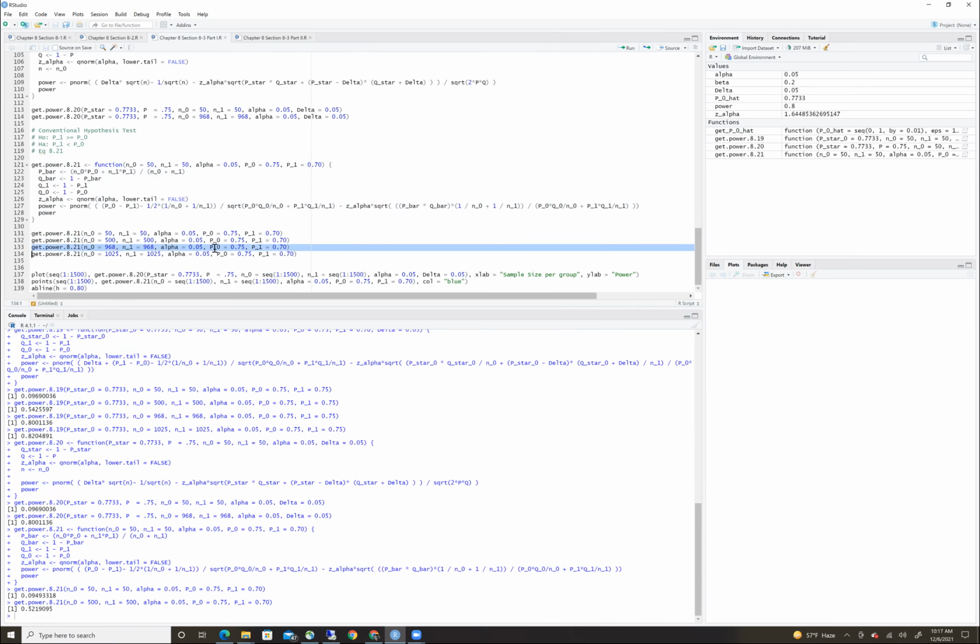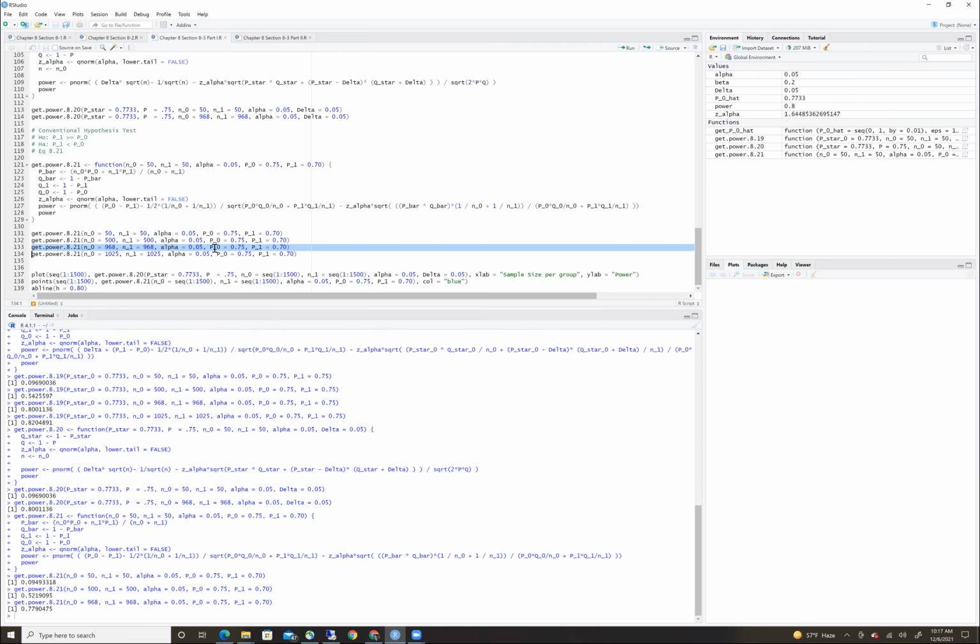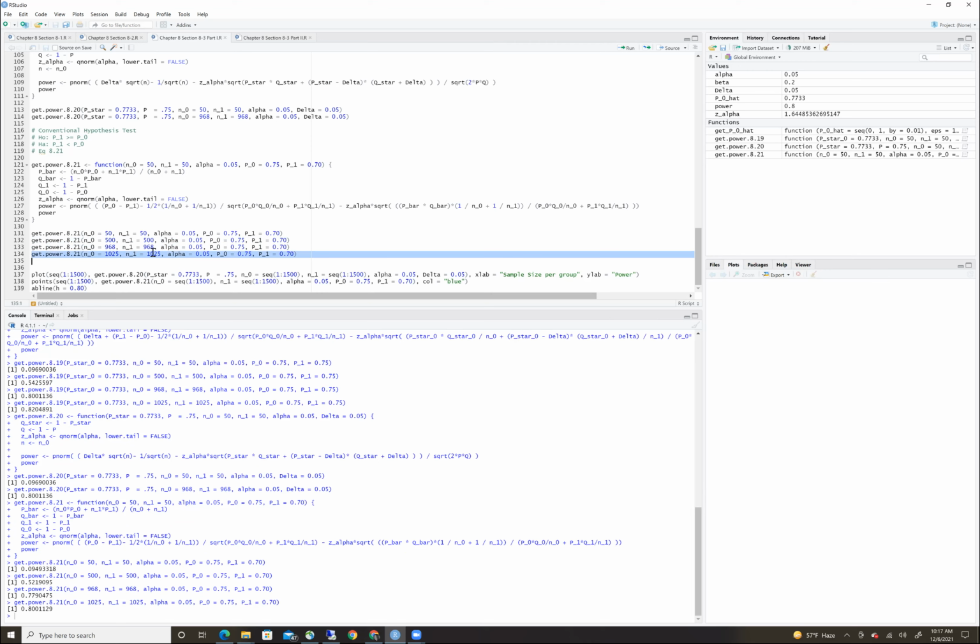And remember, we got to 80% power when we got to 968 patients, but here we don't reach 80% power in a conventional test yet. Then we check 1025 and we finally get to 80% power, whereas before we were at like 82% power, I believe. Yeah, it's right there in our history. Right here, 82% power.